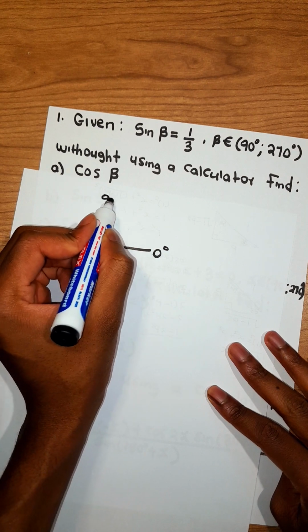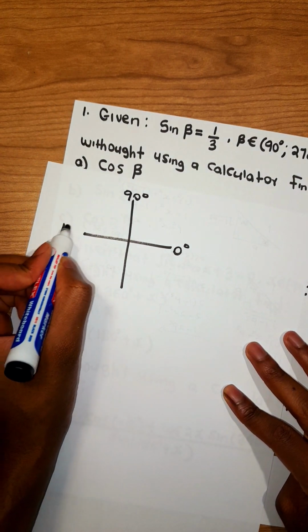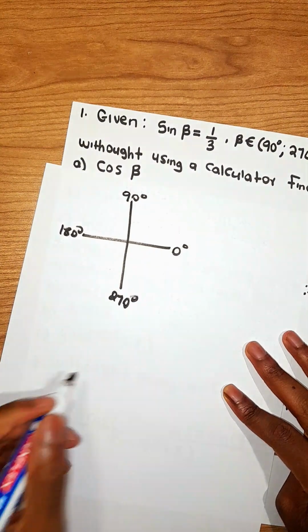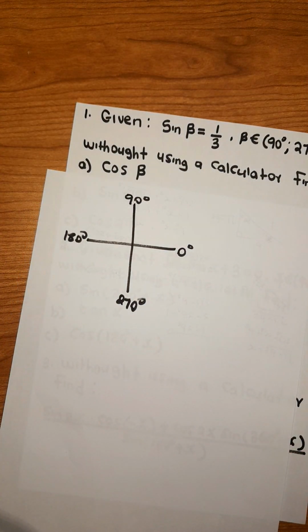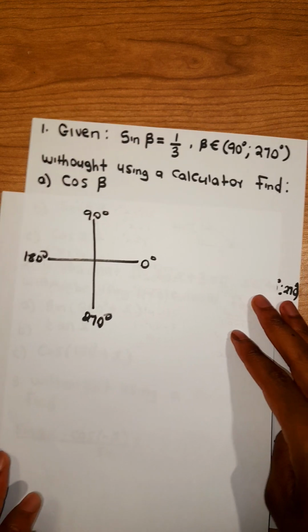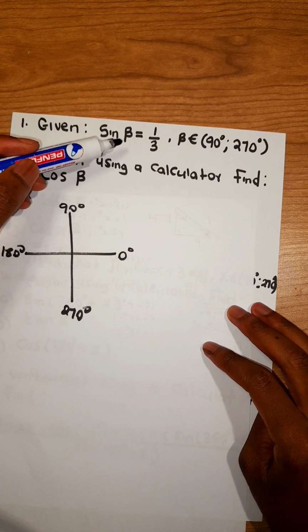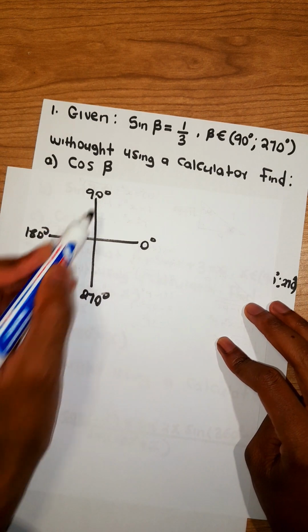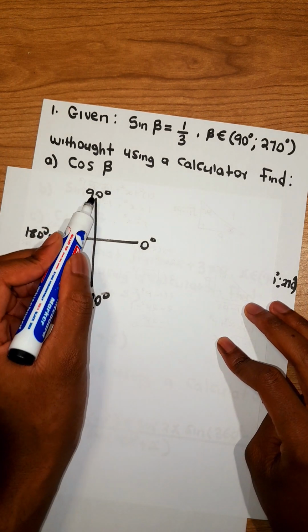This is going to be 90 degrees, 180 degrees, as well as 270 degrees. We don't have to go to 360. They say that the value of beta ranges from 90 degrees until 270 degrees.